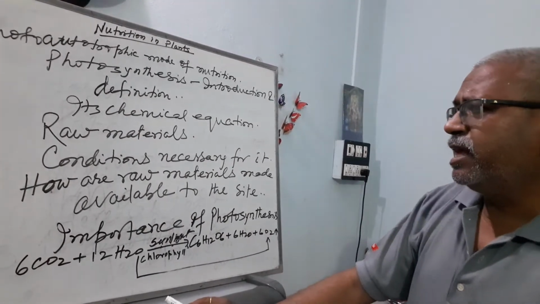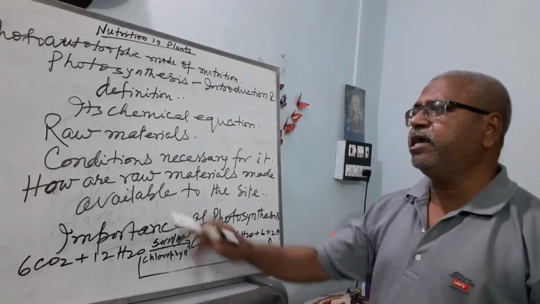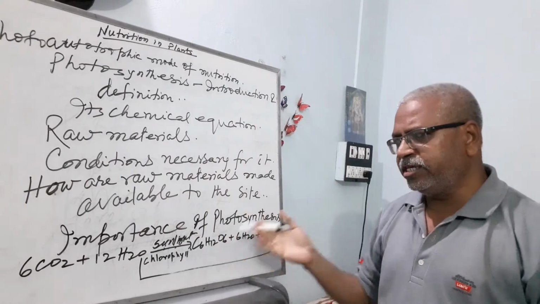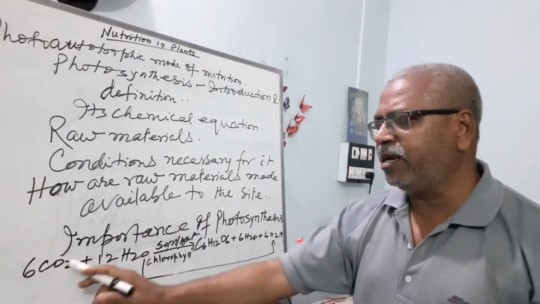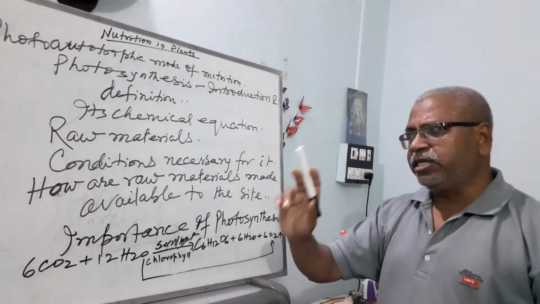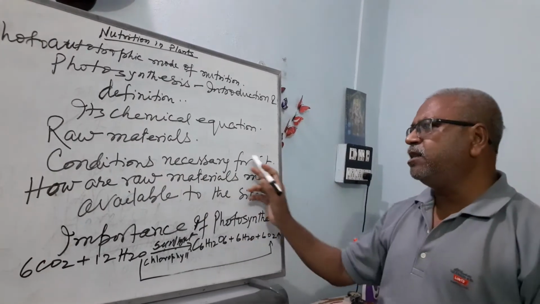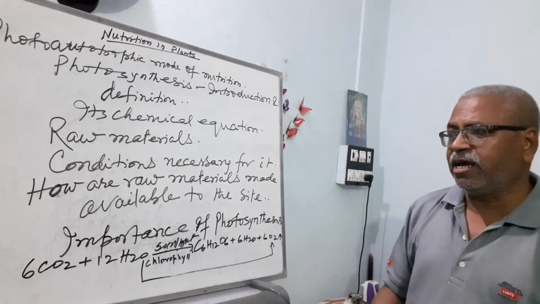Now, a very simple question arises: what are the raw materials for photosynthesis? As you see in the equation, first raw material is carbon dioxide and another raw material is water. Second question is, what are the different conditions necessary for photosynthesis?